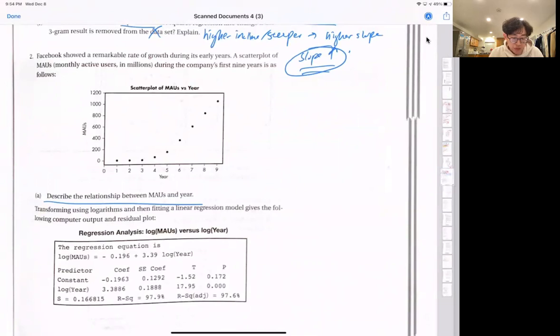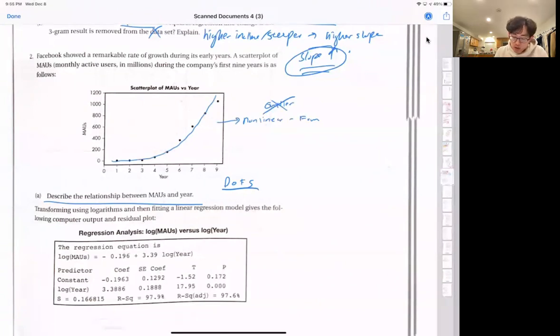Number 2, Facebook and MAU. Describe the relationship between MAU and the year. So that's DOFS, by the way. This is not describing the distribution. This is describing the association, how good of a best fit line it is. Obviously, this is not a line. This is a non-linear form. For outliers, honestly I have never seen an example where it makes you write an outlier.